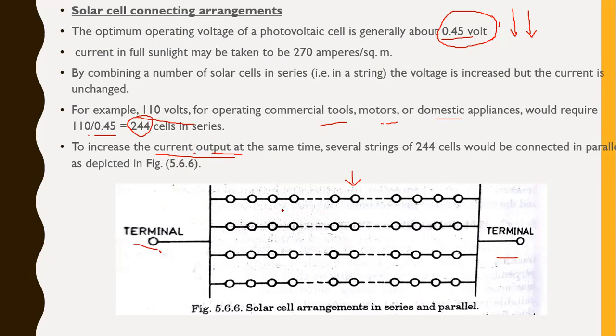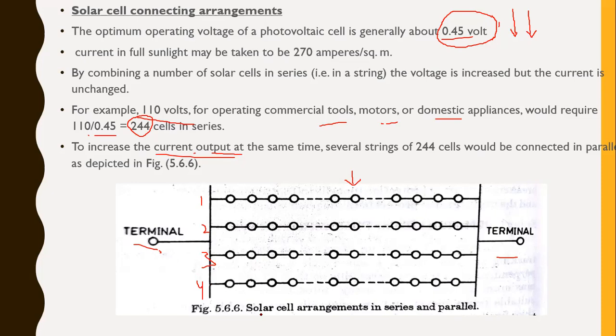Suppose there are 10 strings connected in parallel like this. This is 1, this is 2, this is 3, 4, like this.